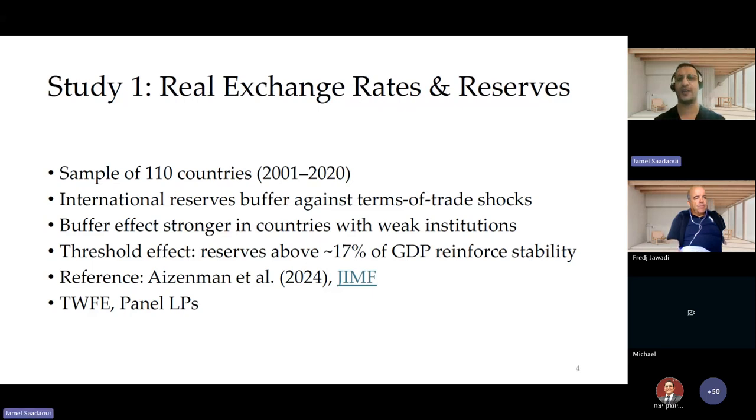So what are terms of trade shocks? Terms of trade is just the ratio between the price of exports and the price of imports. In the 80s, you have all this literature about what we call the third world, about the deteriorating terms of trade, which impacted these countries negatively.